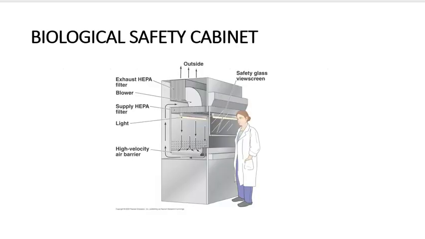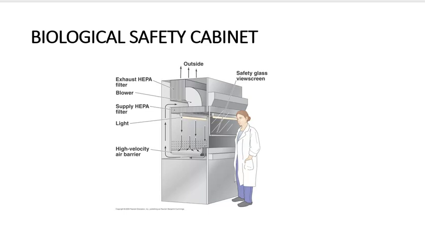One thing that we do use in the labs, and this is standard equipment in a laboratory, is a biosafety cabinet. Sometimes you'll hear, we're working under the hood. That's what they mean. So this is a biosafety cabinet. If you came to campus and worked in the lab, you would see one.